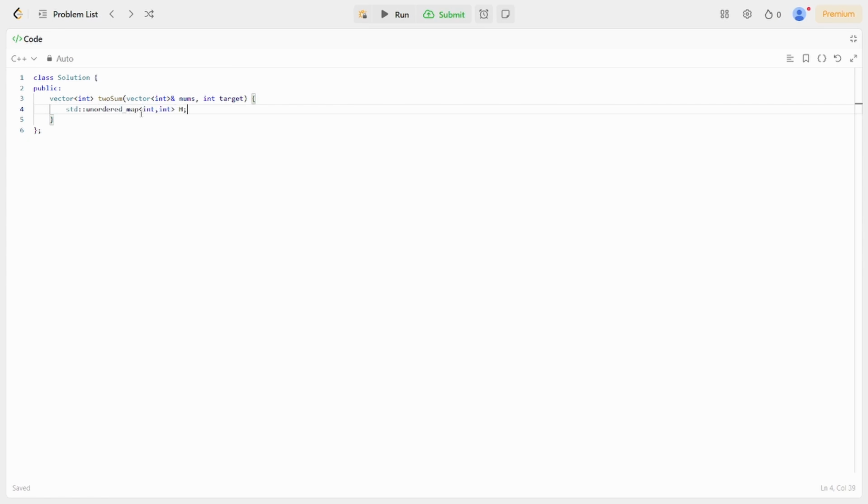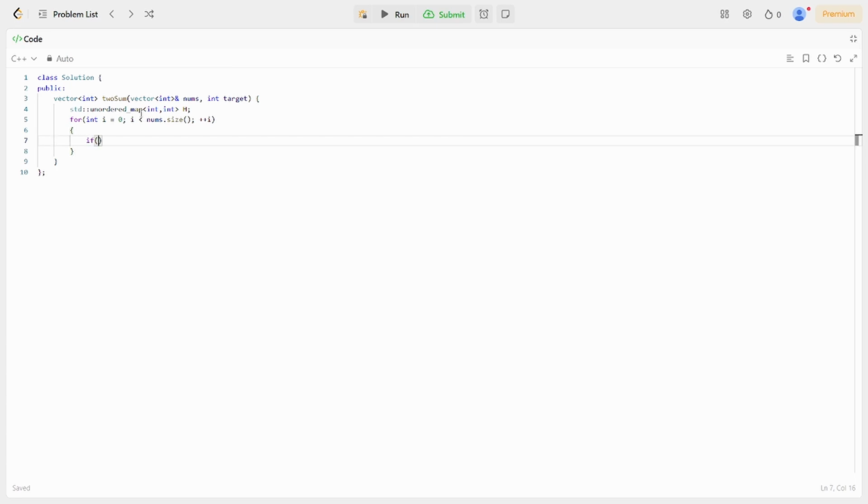I'm going to call it h, to follow the same notation I wrote in the pseudocode. Then I will iterate through all the elements of the input array: for int i equals 0, i less than nums.size, plus plus i, and I'm going to test if the hash table contains the key target minus nums[i].